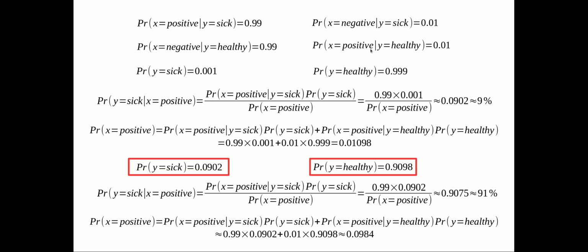How do I know that? Because what's given to me is that if you are healthy, the probability that the test result is negative is 0.99, that's 99%.